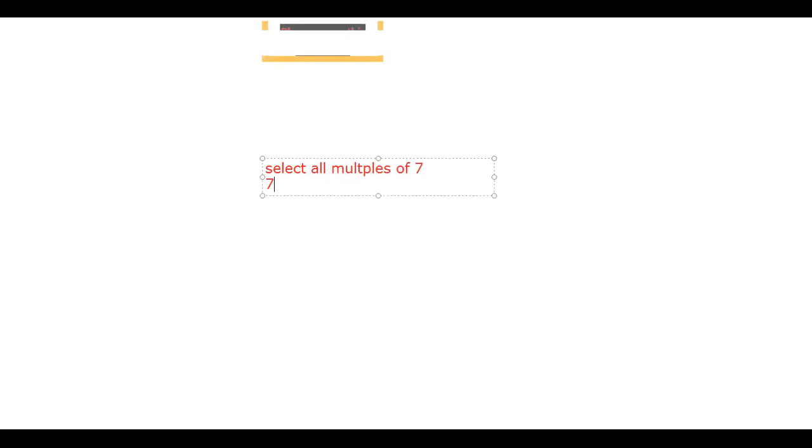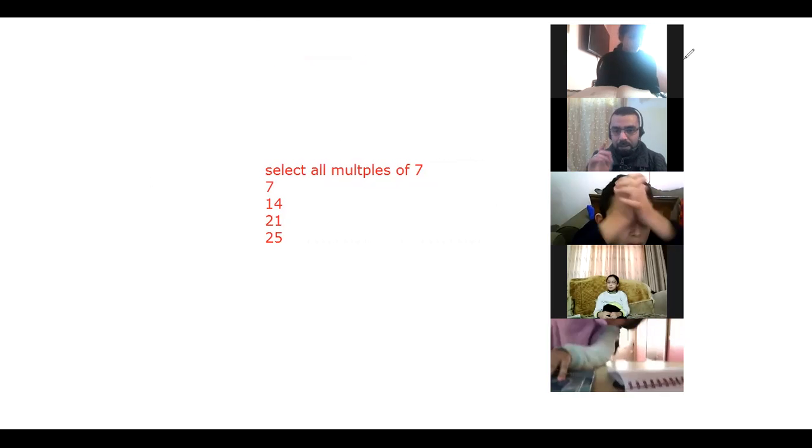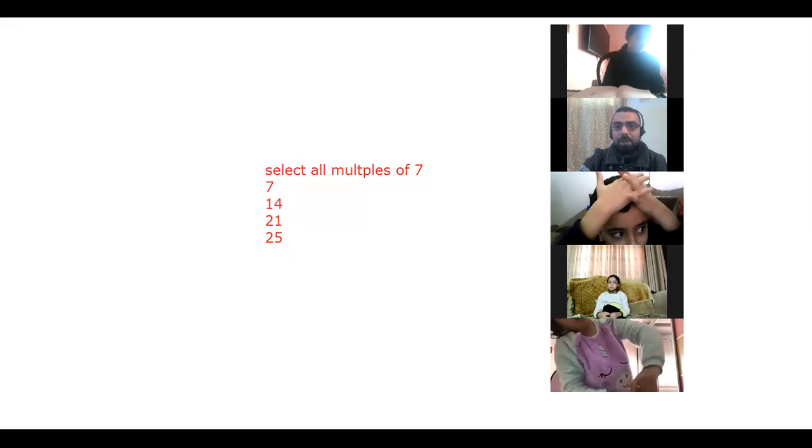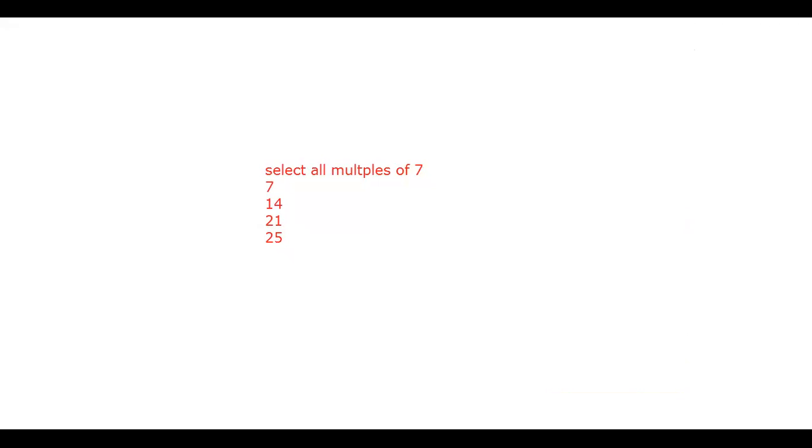Now, 7, 14, 21, 30, 25. Okay. Now, this is another way to solve. You will see something like this on the exam, and this is the last one. Okay. The question will be select all multiples of the 7.